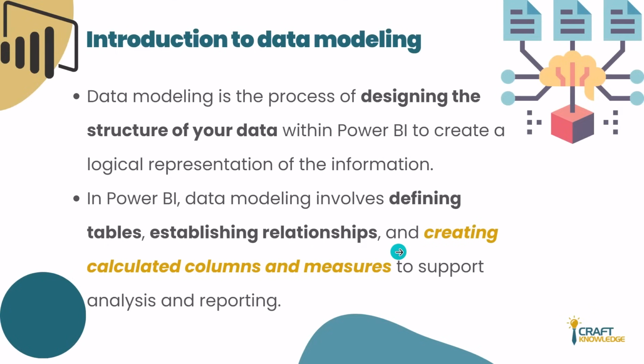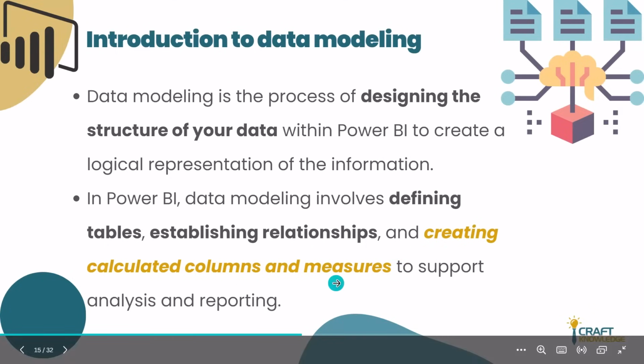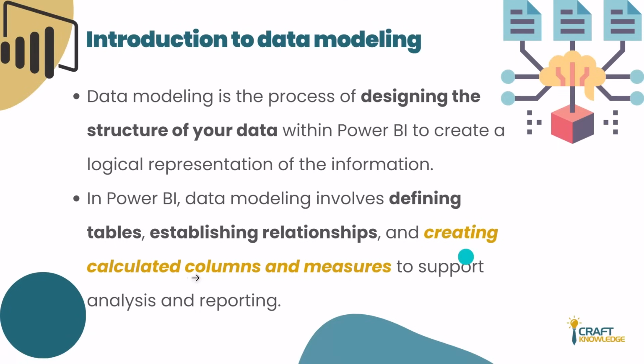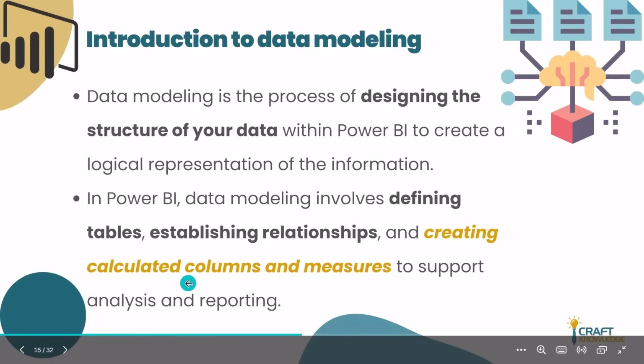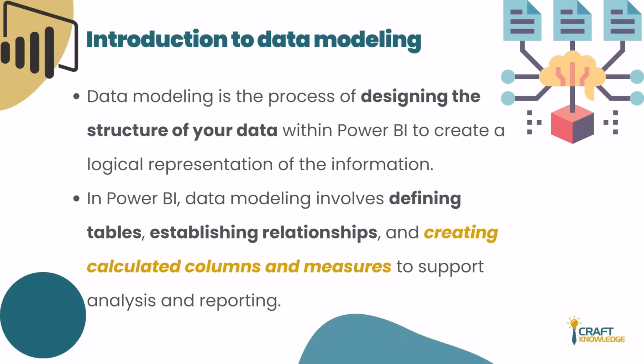And finally, in data modeling, there is another part that is called creating calculated columns and measures. I've given a different color to this line, a yellow color, which means that we are not going to discuss creating calculated columns and measures in this current module. We are going to talk about this in the next module, but this is also a part of data modeling.